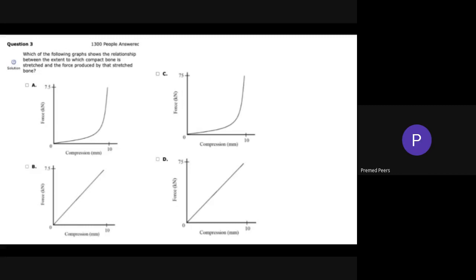Which of the following graphs shows the relationship between the extent to which compact bone is stretched and the force produced by that stretched bone? I'm going to ask you guys to at least take a guess on this one and put an answer in the chat.